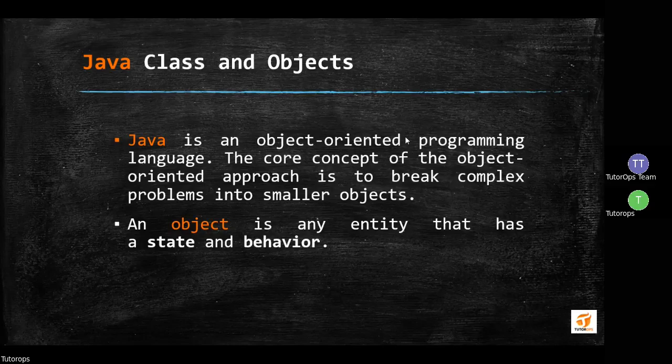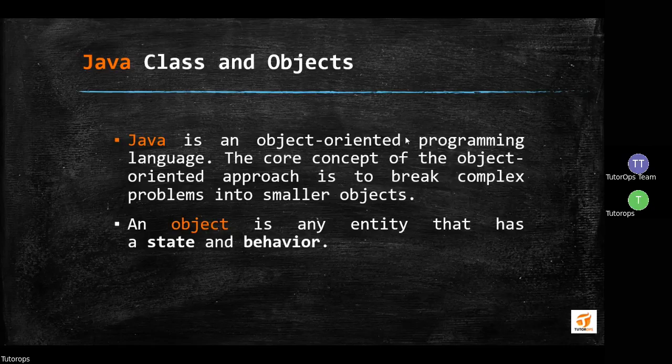So what is a class? I can say a class is a category, one group of methods and data. So we can segregate some methods and data within a class.